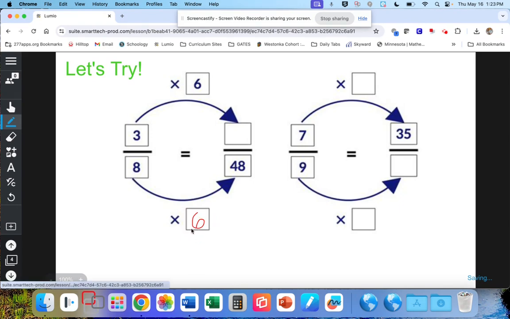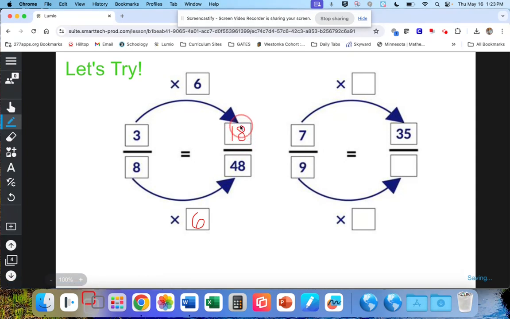And what I do to the bottom, I need to do to the top. So if 8 times 6 got me to 48, I'm then going to do 3 times 6 to get my answer, which is 18.